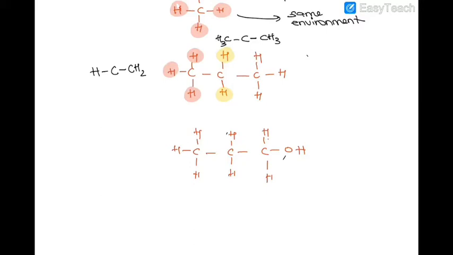And if you look at the other carbon here, you have hydrogen bonded to a carbon which is bonded to a CH2, which is the same as the first group of hydrogens here. So we have 2 different types of environment. One type of environment in red, which are equivalent, and one type of environment in yellow. So here you have 2 different environments.